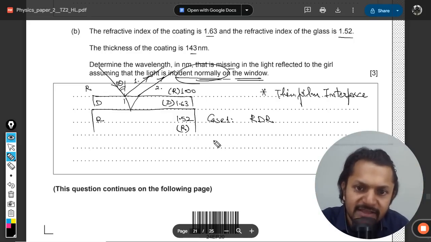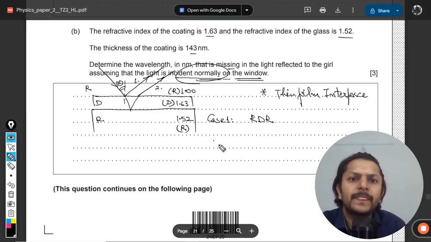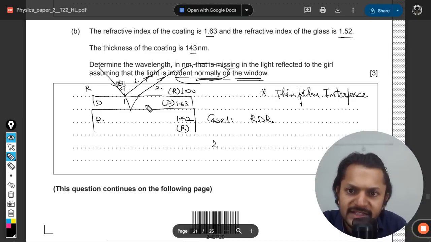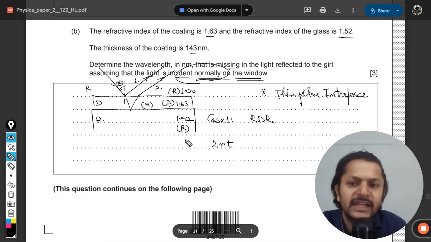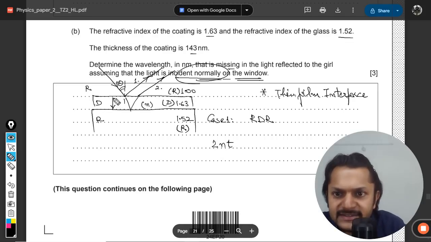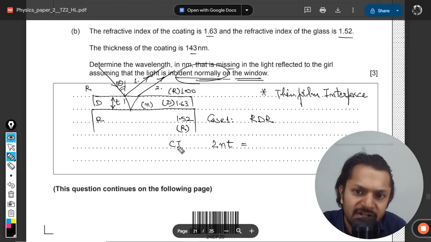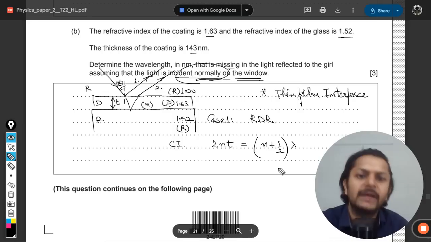So we will say that the path difference, 2nt, where this refractive index is n, and I'm using the letter t. T is the thickness. 2nt is equal to, now for constructive interference, we will be using the formula (m plus half) into lambda.